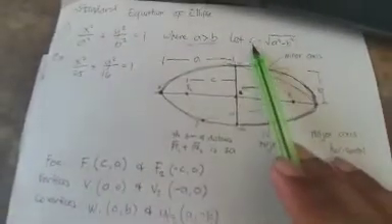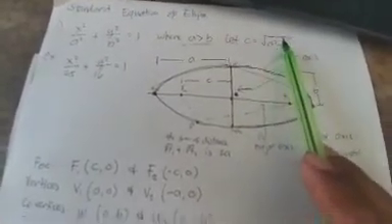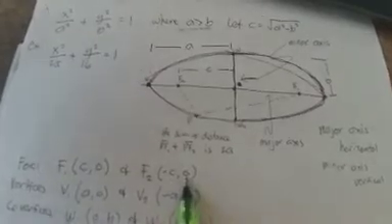The same ra pud sa V1 o V2. Now, para sa focus natay duha, we have F1, F2. To identify the value of our focus, lantaw lang ta or solve na to ang variable C. C is equal to the square root of a squared minus b squared. So natay duha ka value, C, 0 and negative C, 0.